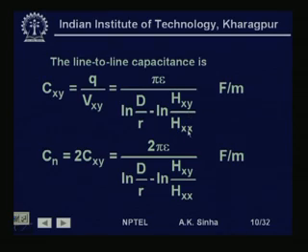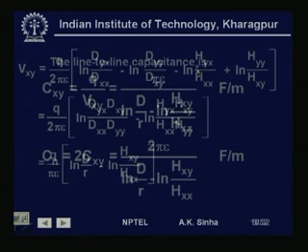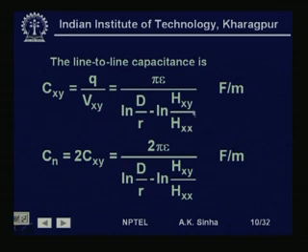And here we can see that if the conductors are very much above the ground compared to the distance between them, then Dxy and Dxx will be almost equal, that is, this distance and this distance will be almost equal if h is very large, and in that case the effect of ground will be negligible.